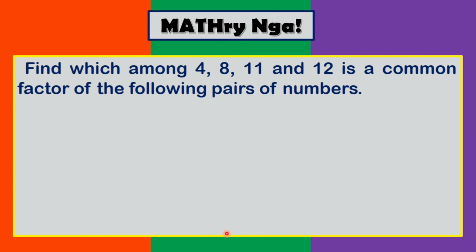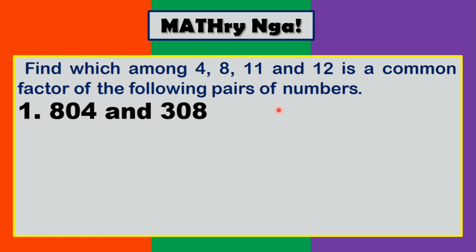to our math trying. Now, find which among 4, 8, 11, and 12 is a common factor of the following pairs of numbers. So, you will get the common factor of the pair of numbers. Example, number 1, 804 and 308. You need to find their common factor or common factors.